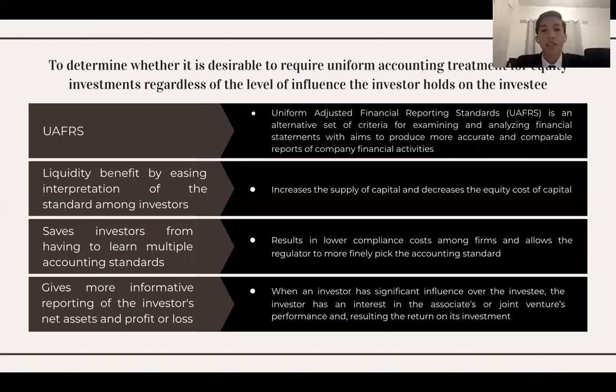Thank you, Yasmin. Firstly, to produce a more accurate and comparable report of company financial activity, the Uniform Adjusted Financial Reporting Standard, or famously known as UAFRS, can be taken as an example set of criteria for examining and analyzing financial statements.